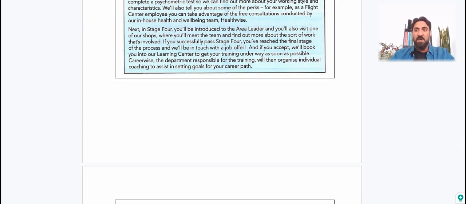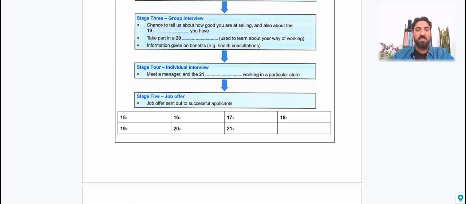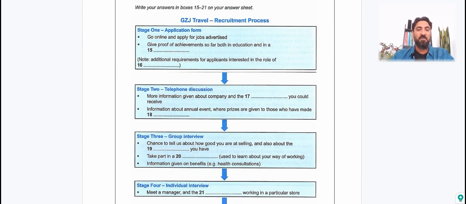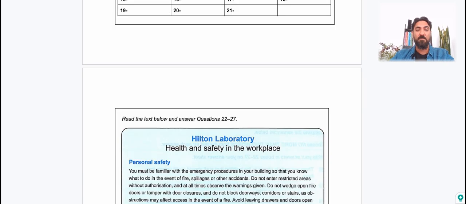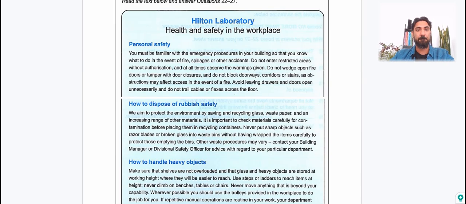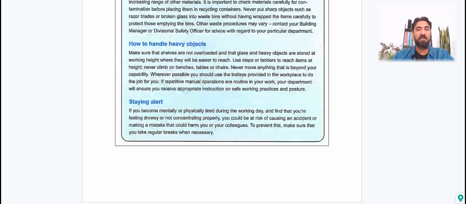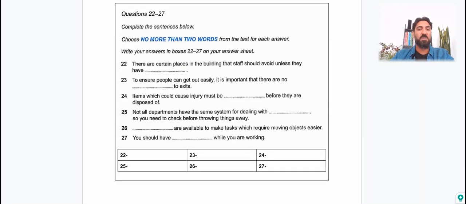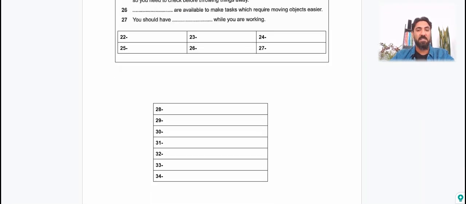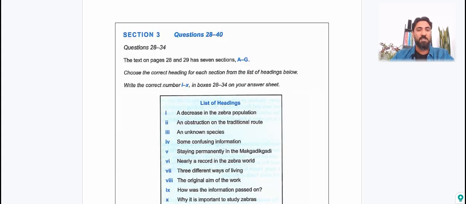All right, so as we continue, you can see that this is a diagram or flowchart kind of question, which you have to read the text and answer. Then we have the third text, which is Hilton Laboratory, Health and Safety in the Workplace. Questions 22 to 27 are done here. Then you have questions 28 to 34, which are matching in heading.